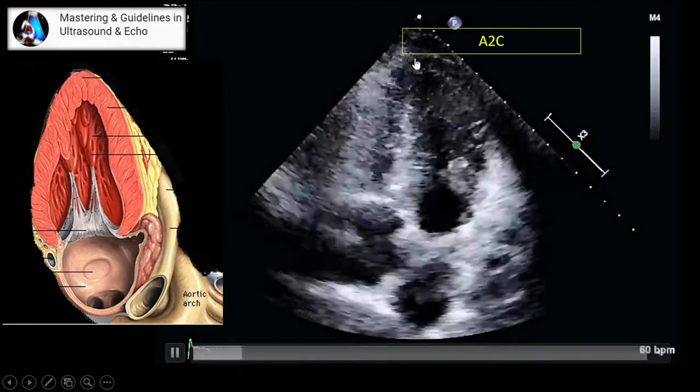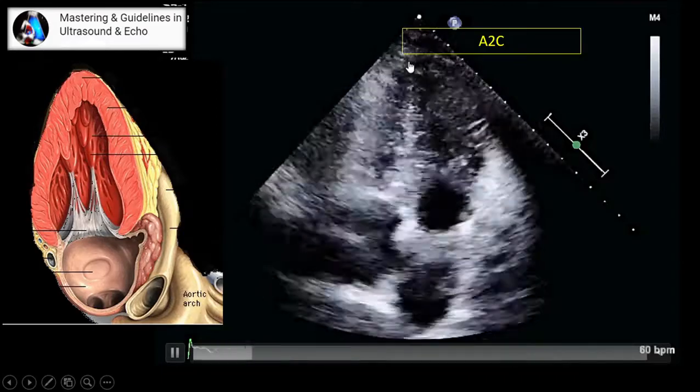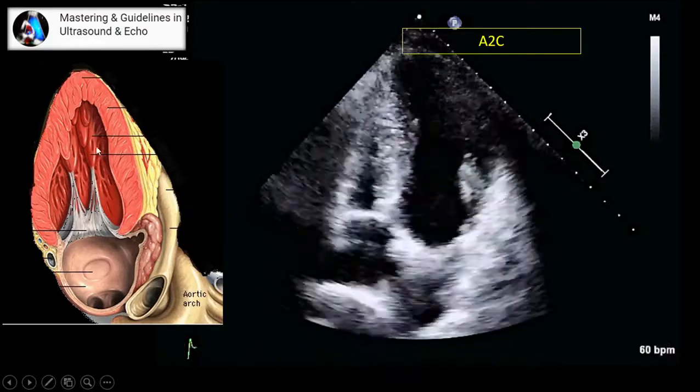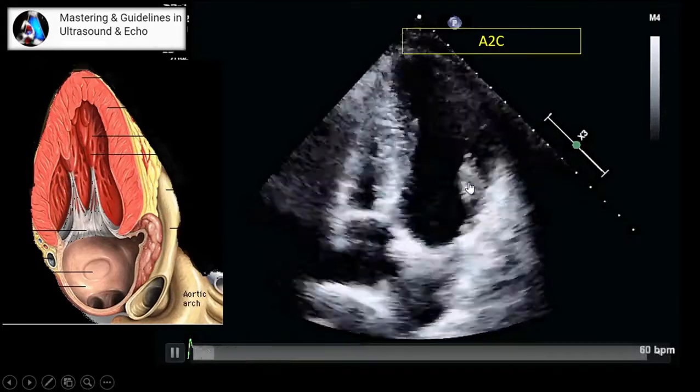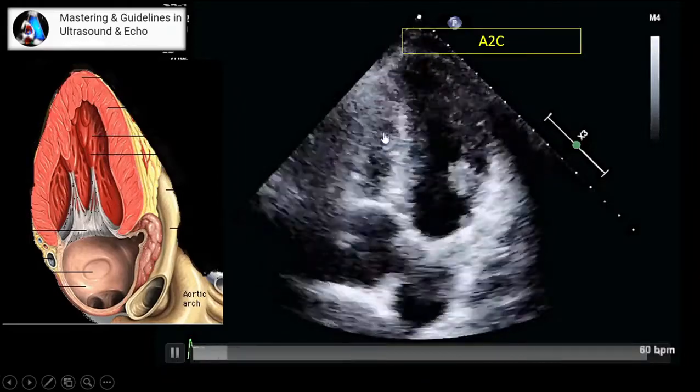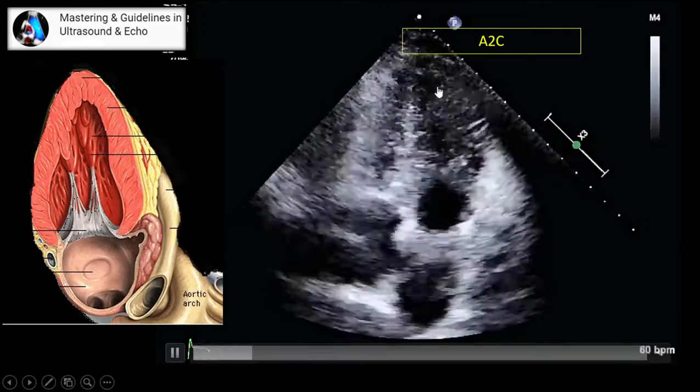The left ventricular apex is thin, not thick, and we will see some part of the papillary muscle, especially the anterolateral papillary muscle at this side. Here we have the anterior wall and the posterior, inferior wall.